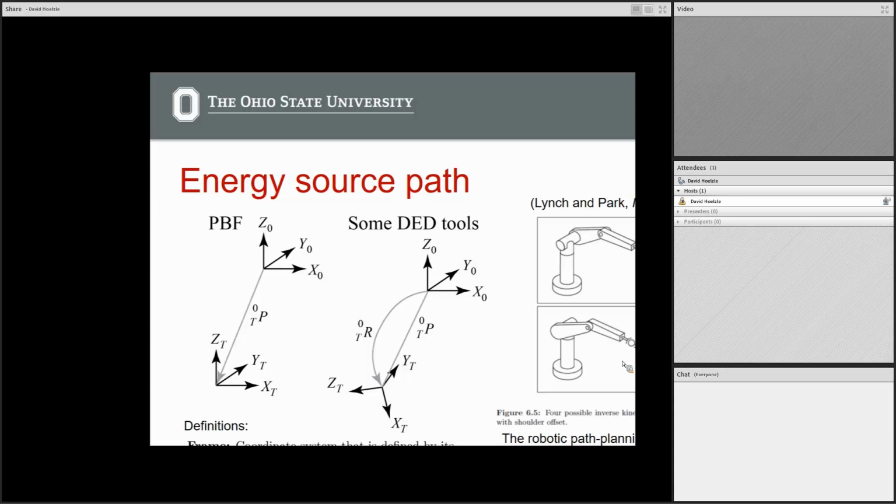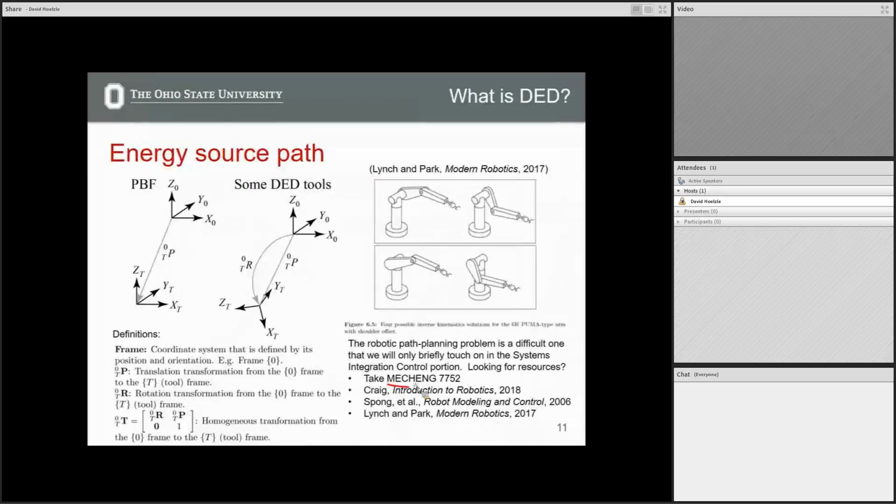It's a pretty involved topic. If you want to really learn about this, your best bet is to take MECAN 7752, the class I taught last year, and Srinivasan and the other departments right now this semester, but it'll be offered again next year.